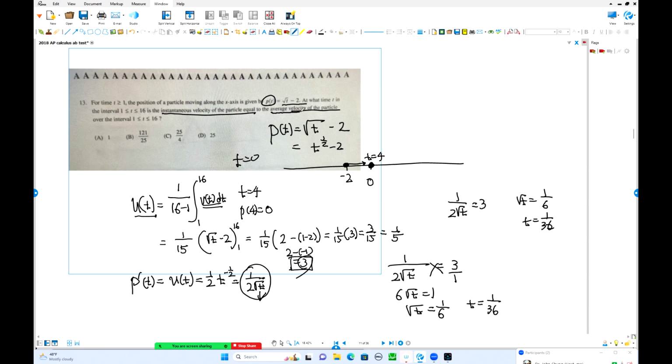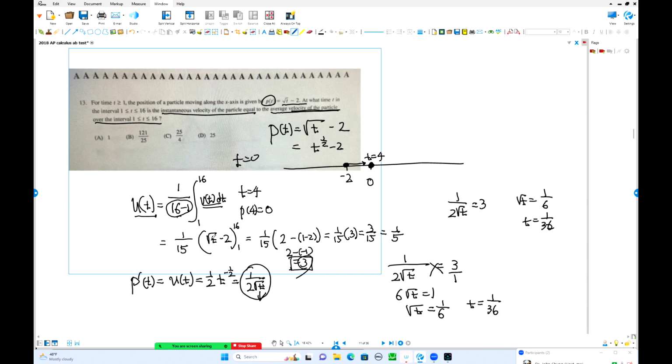Charge movement. Average velocity of a particle, from 1 to 16, right? So for the average we divide by the base, 16 minus 1, that is 15, and take the antiderivative: square root t minus 2, times 1 over 15.